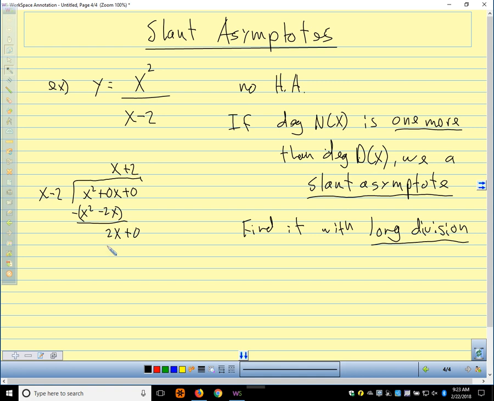Plus 2. Multiply. 2x minus 4. And then I subtract. And I get my remainder is 4. The slant asymptote is the part that's left up here. So we would say y equals x plus 2 is the slant asymptote.